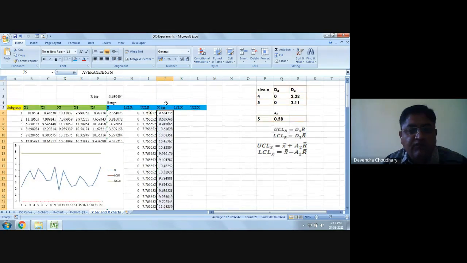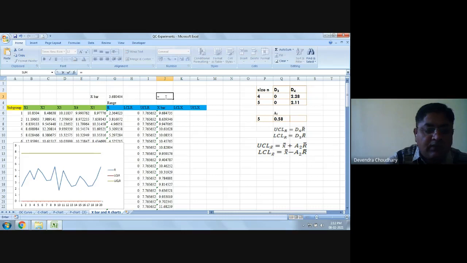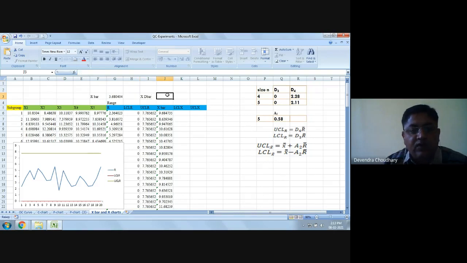Then we determine the X double bar. So here we determine X double bar. Okay, so what is it?